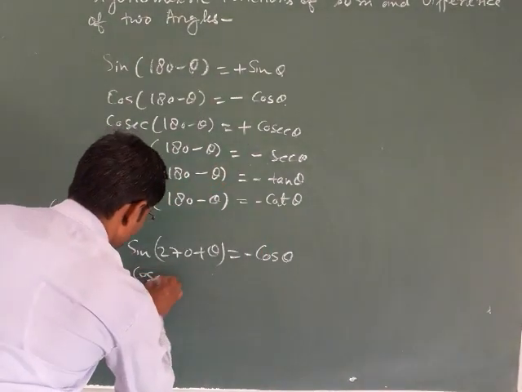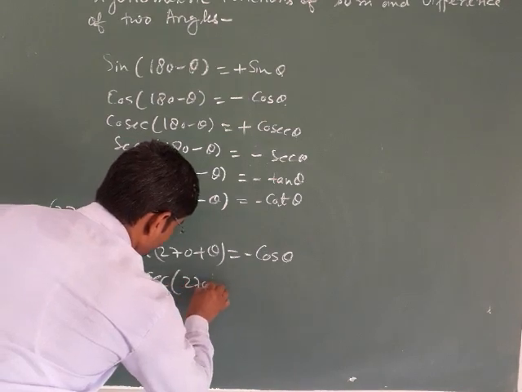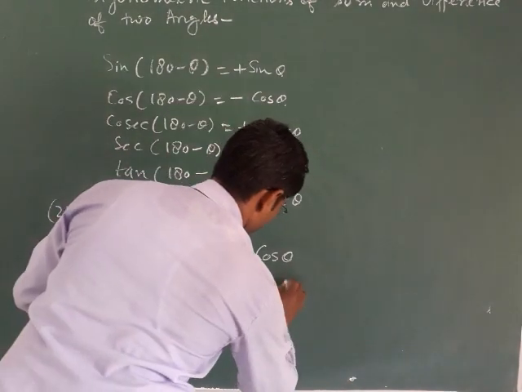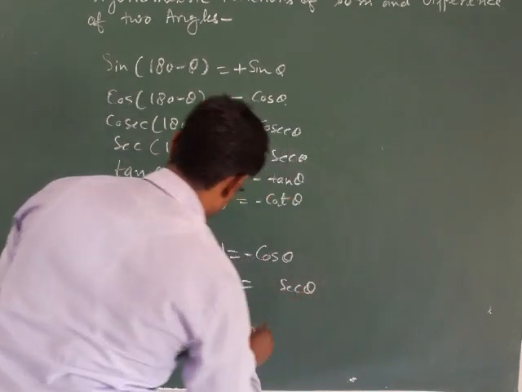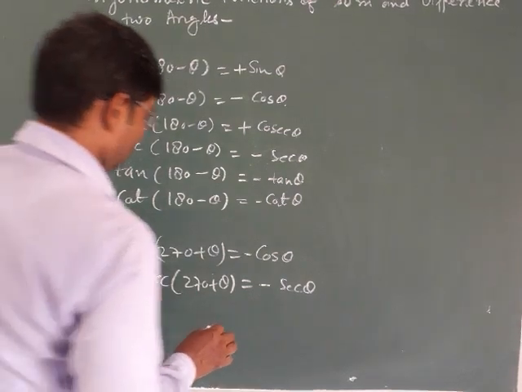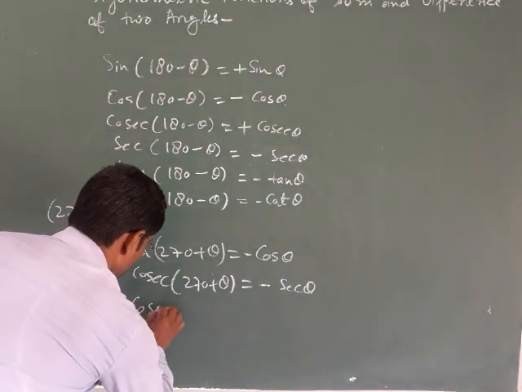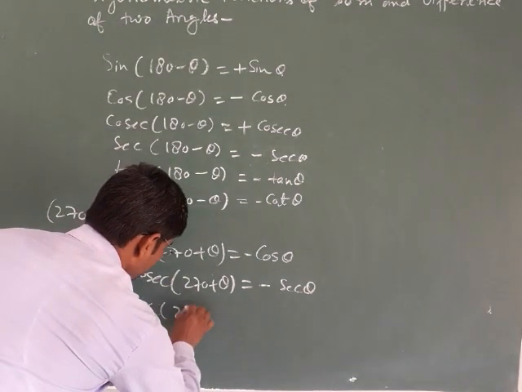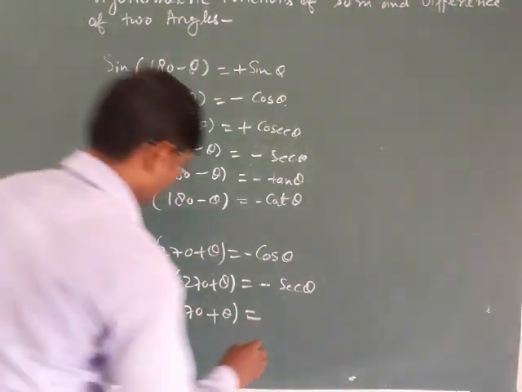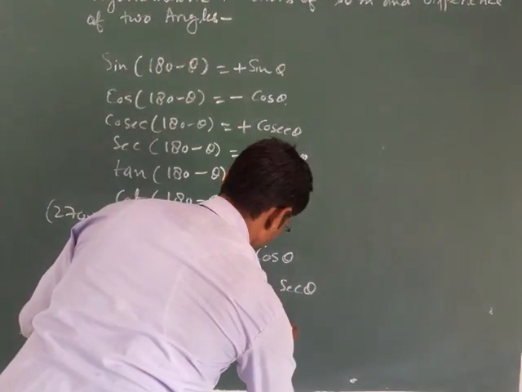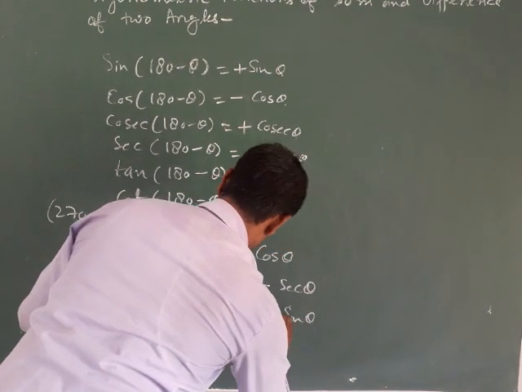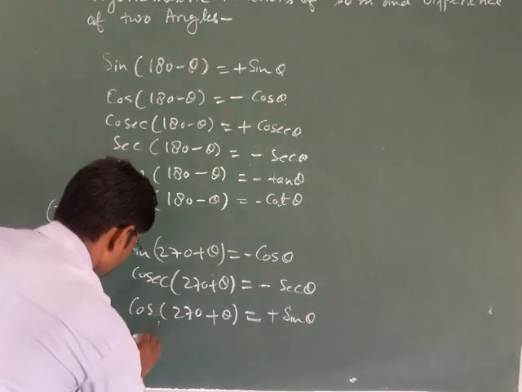And cosec of 270 plus theta is equal to sec theta, so this value is minus. And cos of 270 plus theta is equal to sin theta, so the value is positive.